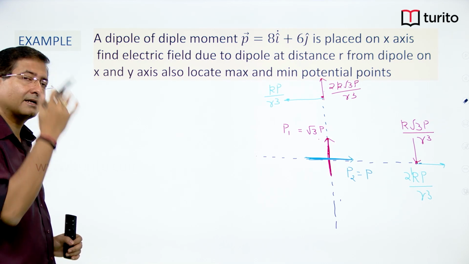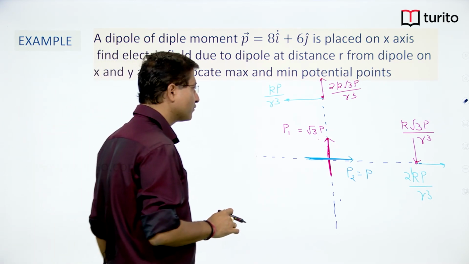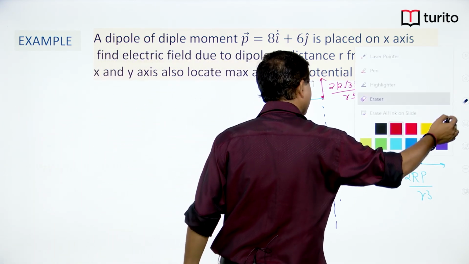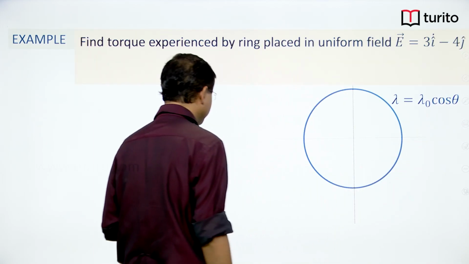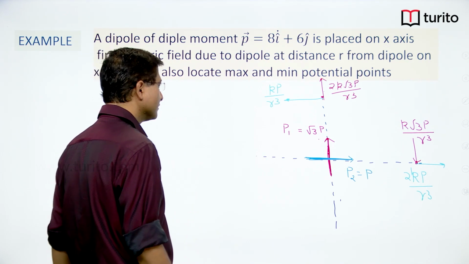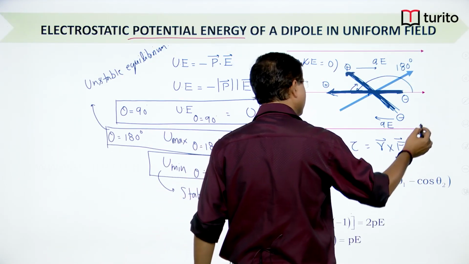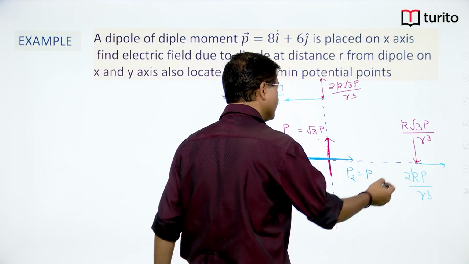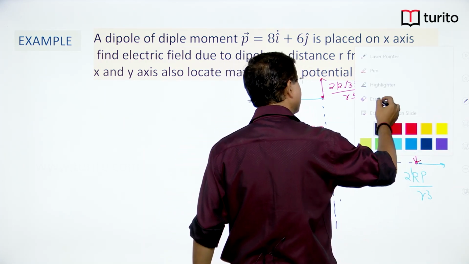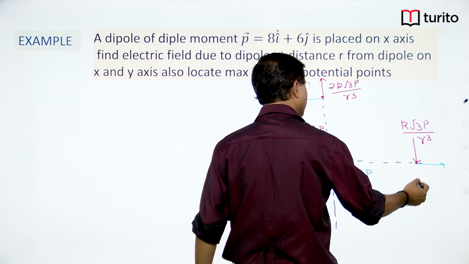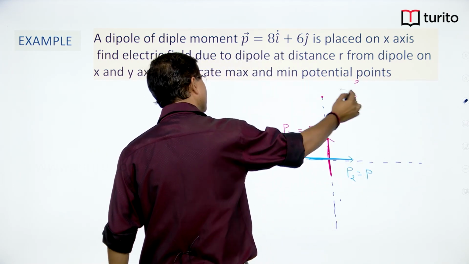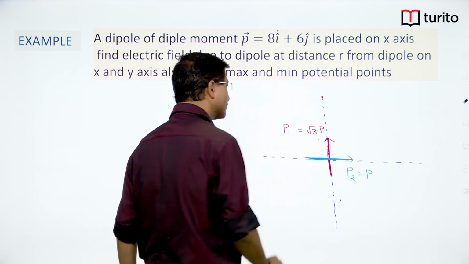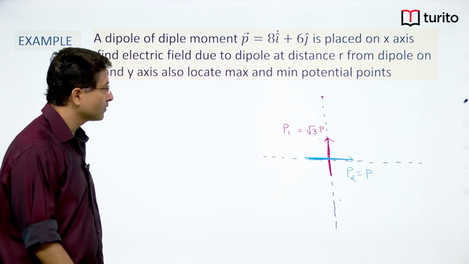Now at any general angle I want to find out the magnitude of the field at that particular point. So we can draw the resultant of these two.